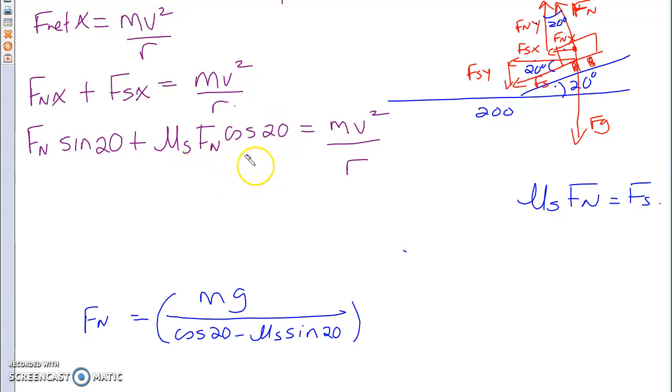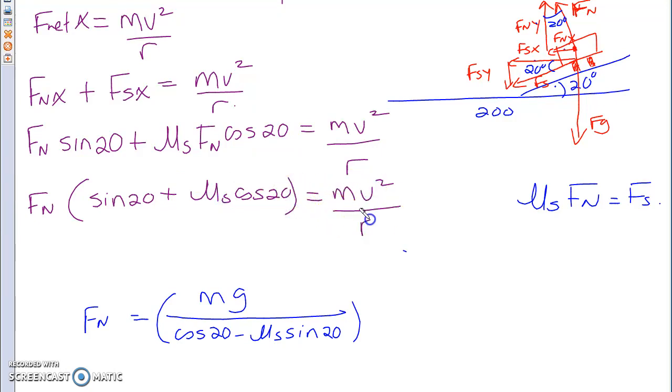So far so good? Now I'm going to do exactly the same thing. I'm going to take out the Fn, so Fn times sine of 20 plus mu s cos of 20, which equals mv squared over r.